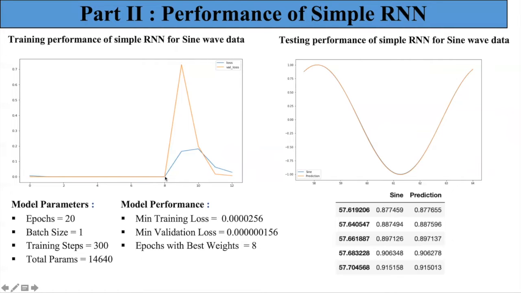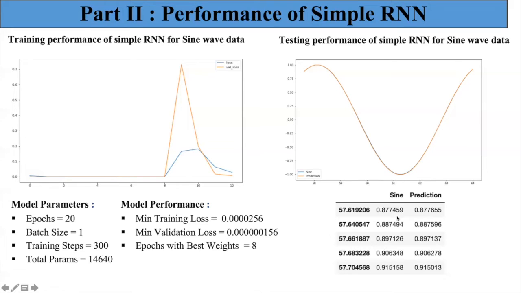So with that best model, I have tested that particular model to predict the values in the test data set, which the model hasn't seen, which is nothing but the continuation of the sequence in the last 300 records. As you can see, there is almost no difference between the actual and the predicted values.